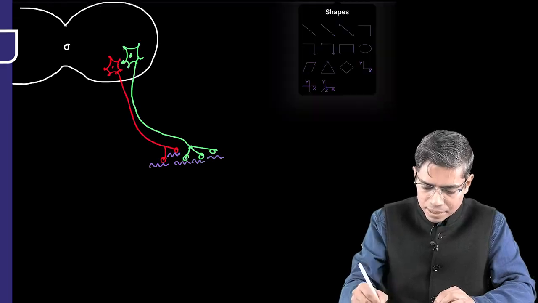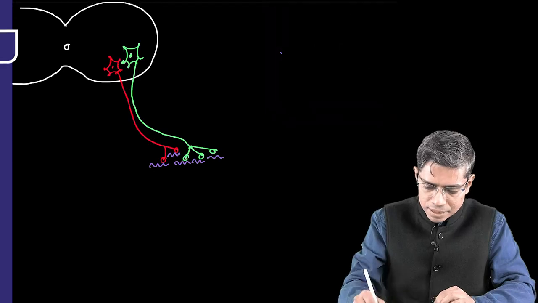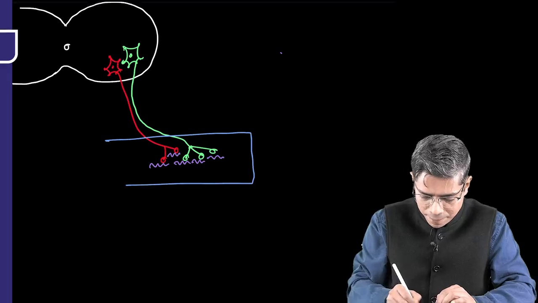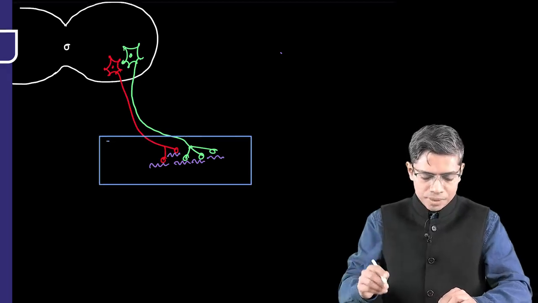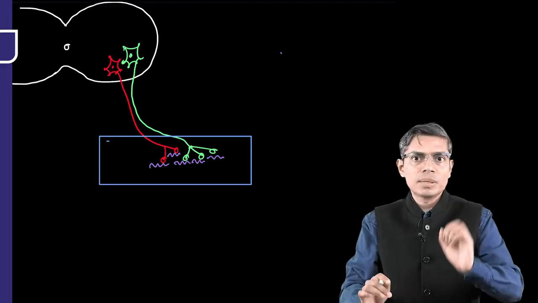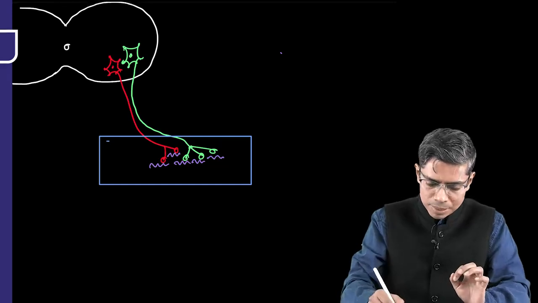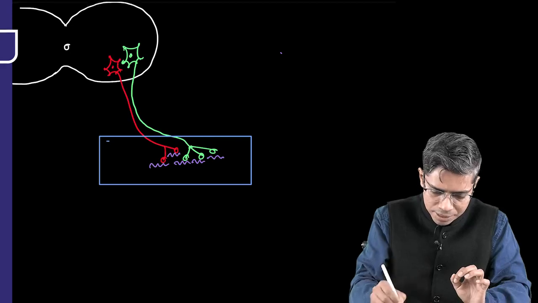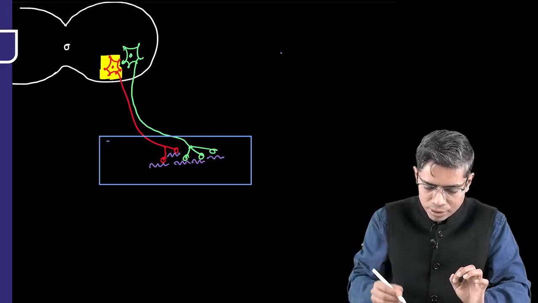Okay, and I told you already that suppose this is your skeletal muscle. Whenever you stimulate any of the motor units, suppose I am stimulating this red color motor unit, stimulating here. So what will happen?